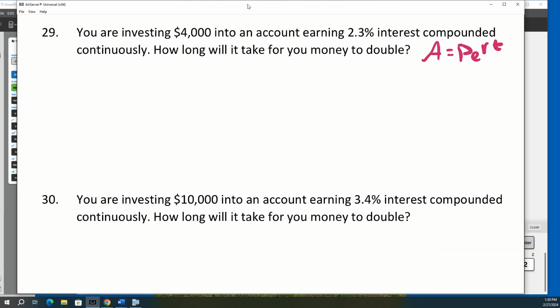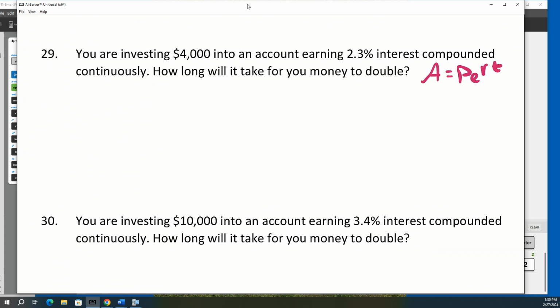So we want to know how long it takes this $4,000 to double. And so P is the initial amount of $4,000. 2.3 is kind of R, so R is going to be 0.023. And so we need to put something in for A. So if I'm looking to find how long it takes 4,000 to double, what should A be?